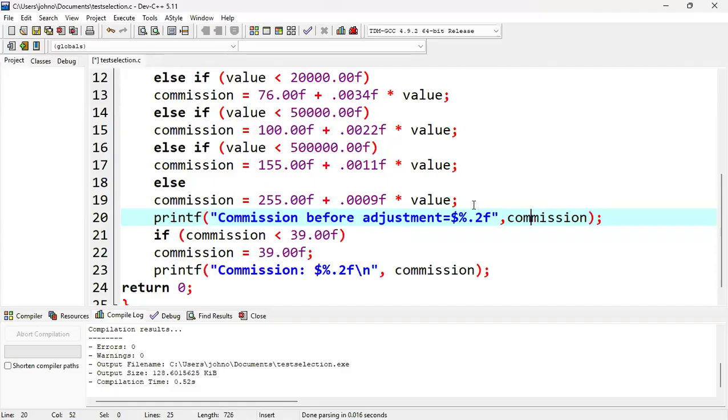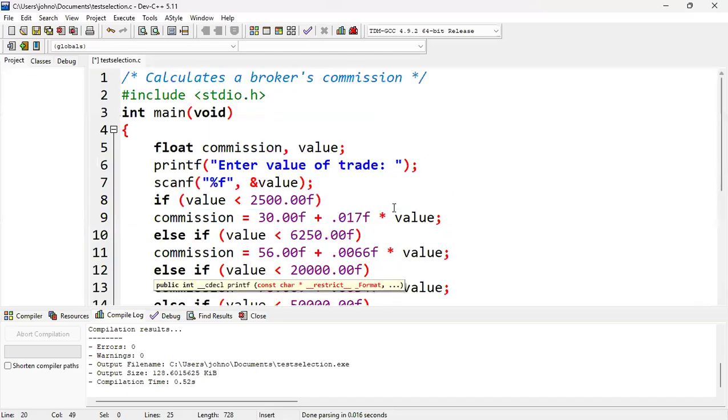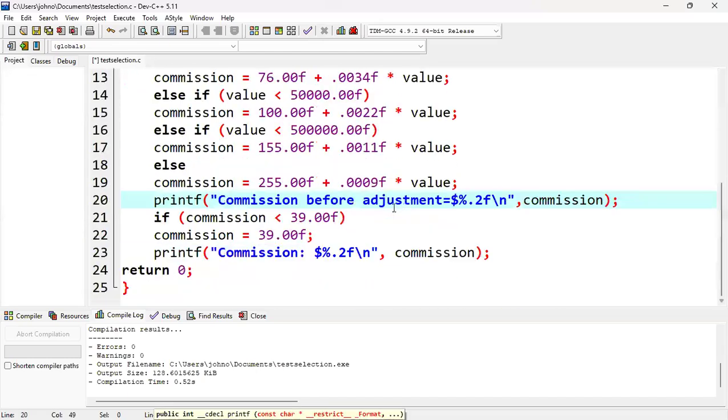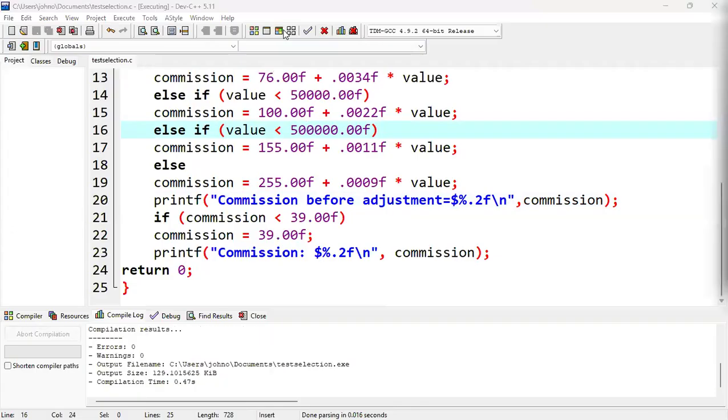And by the way, we should move to the next line. All right. So we can say 300.